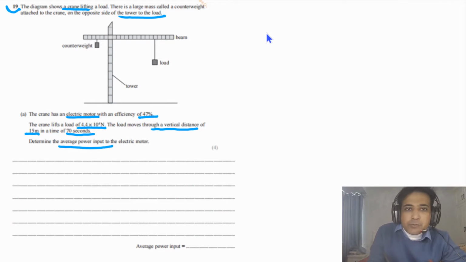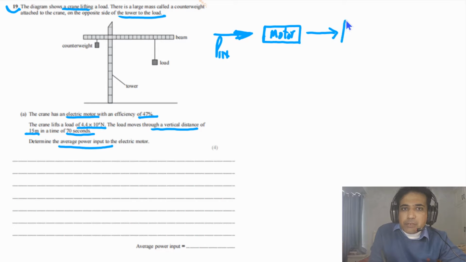So for this question, first of all, you need to understand, imagine that this one is the electric motor. So we can say this one is the motor. There is a power input, so we can say this is P in. This one has certain efficiency and we will get P out.